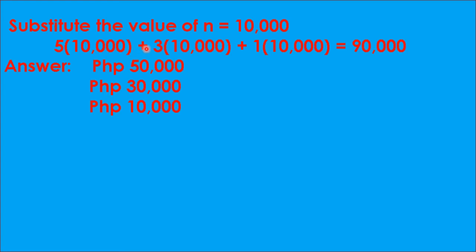So 5 times 10,000, the answer is 50,000. Then 3 times 10,000, the answer is 30,000. Then 1 times 10,000, the answer is 10,000. So the first will receive 50,000 pesos, the second will receive 30,000 pesos, and the third one will receive 10,000 pesos.